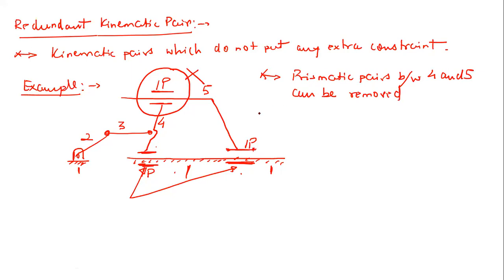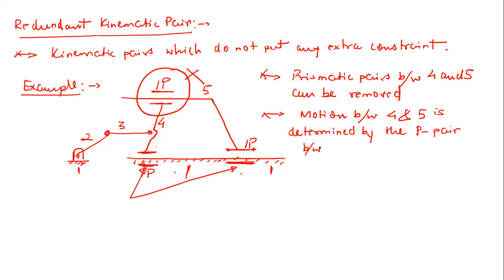The relative motion between 4 and 5 is determined by the prismatic pairs between 4 and 1 and between 5 and 1.